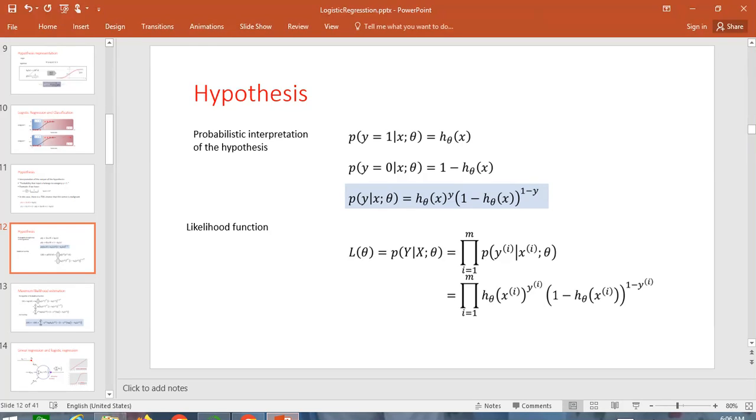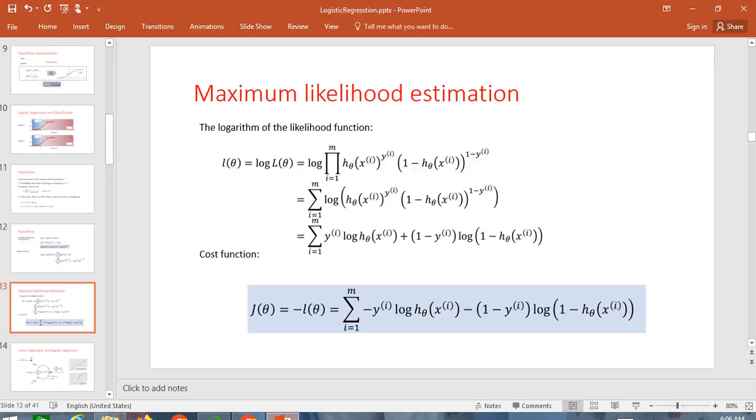Now we want to explain the most similar method, which is a statistical method. We want to determine the thetas in such a way that the product of all of these probabilities is maximized. Here we have an exponential function. We must determine a theta so that this function is maximized. This is the MLE method, or maximum likelihood estimation.